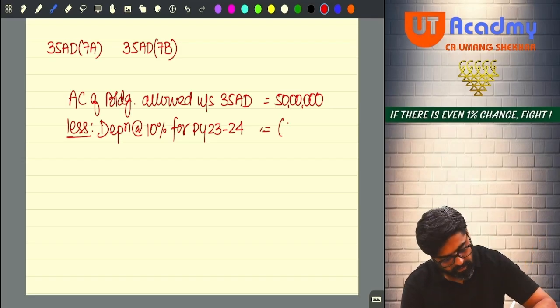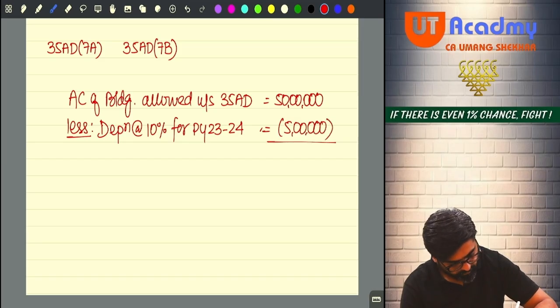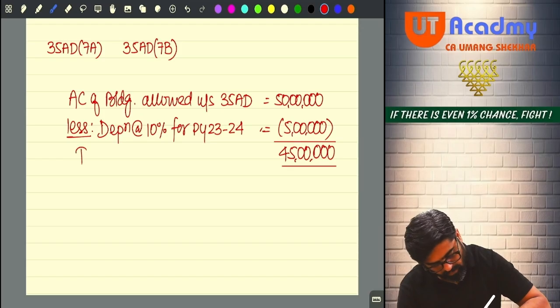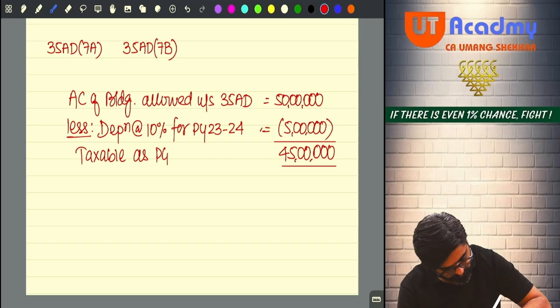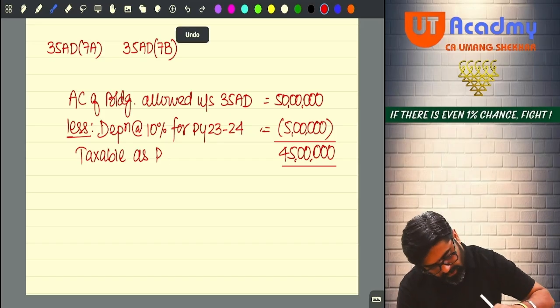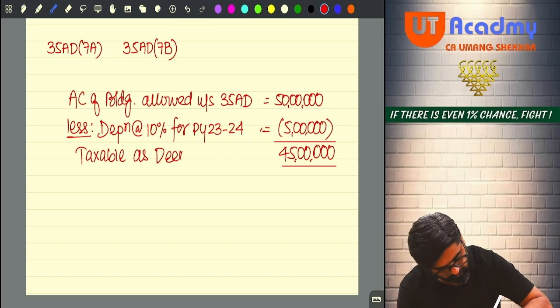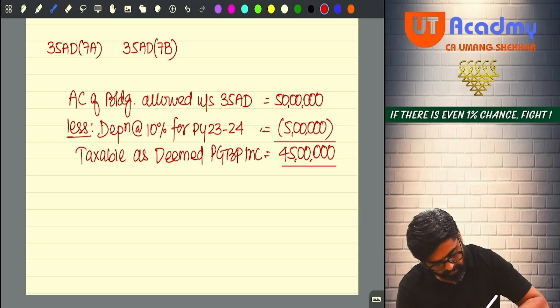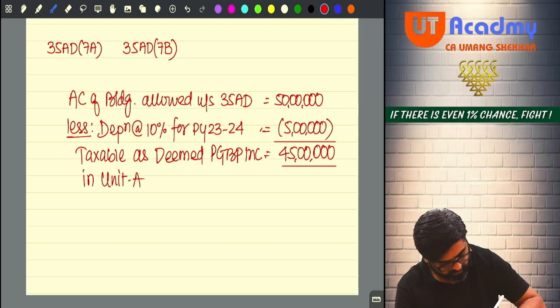And that will be 5 lakhs. 45 lakhs taxable as deemed PGBP income in unit A business.